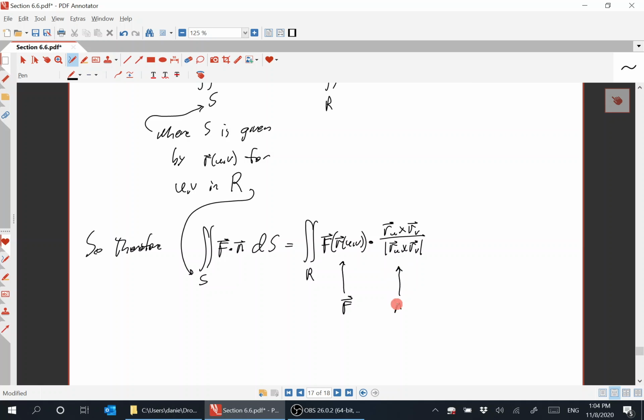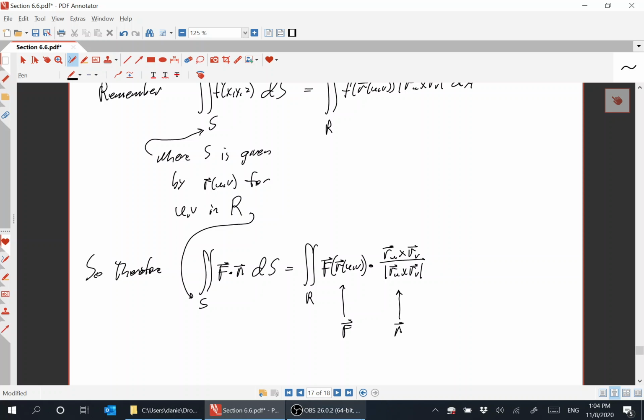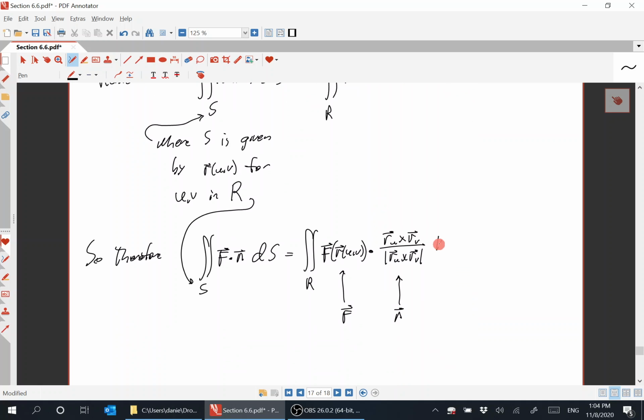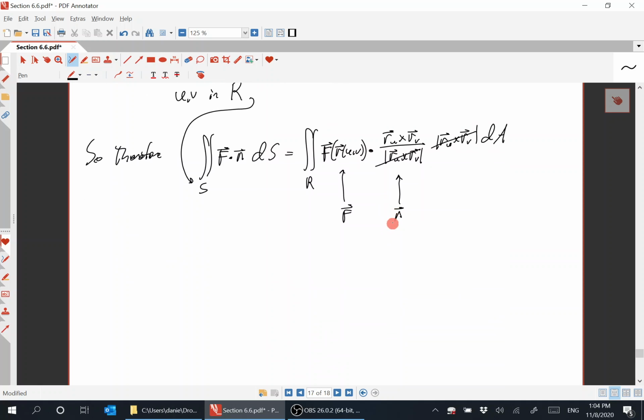But when you change the surface integral into a double integral, you get this dA. Oops. Well, but now these guys cancel. So you get the double integral over R of F(R(u,v)) dot Ru cross Rv dA.